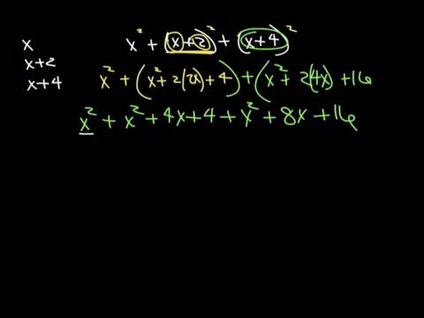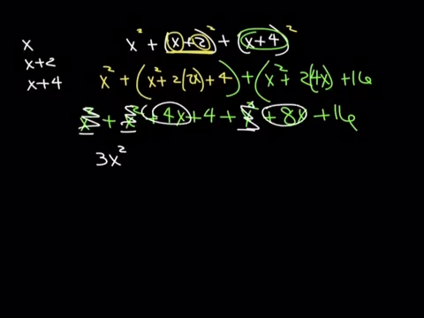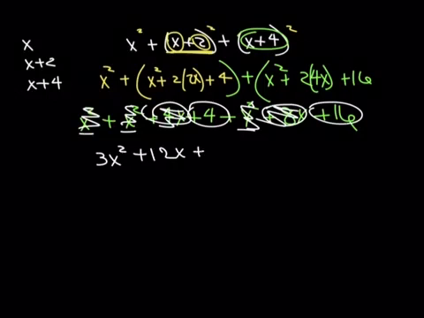Okay, combine like terms. So I have 3 of my x squareds. I have a 4x and an 8x. I have a 4 and a 16. Okay, and that's what they're asking for when they said simplify it. Okay, all right, so that's it for 5.6.